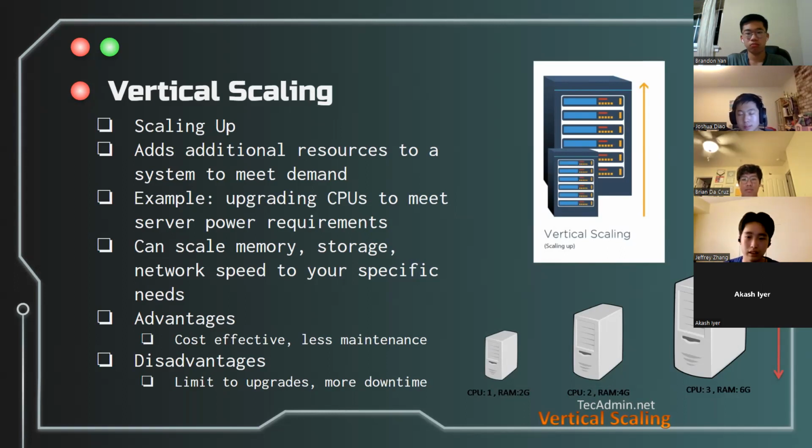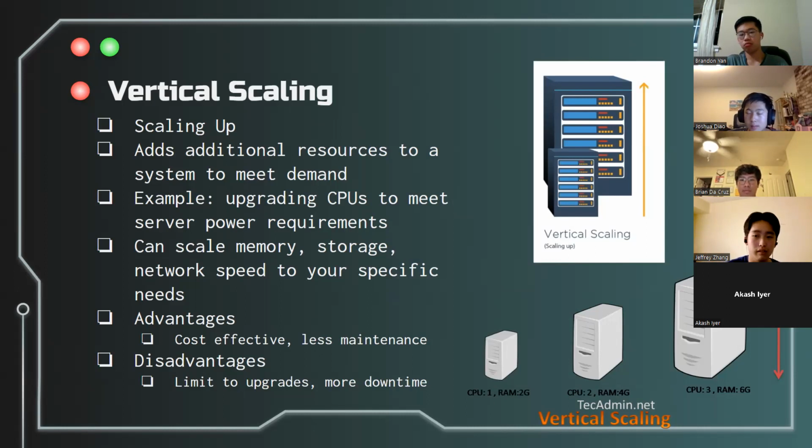A few advantages of this are that it's cost effective, since you just replace the server with a better one and scale in the vertical direction. It's also less maintenance because it's just one machine, so you don't have as many machine problems to worry about.